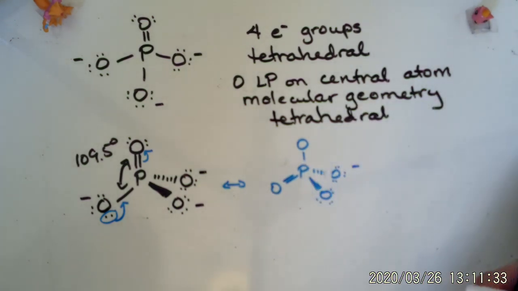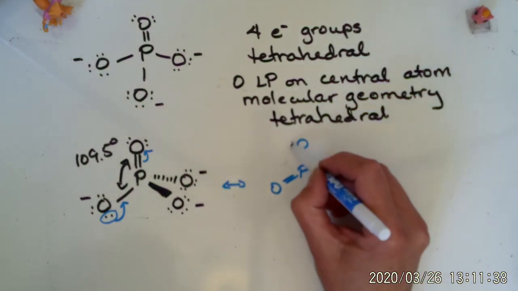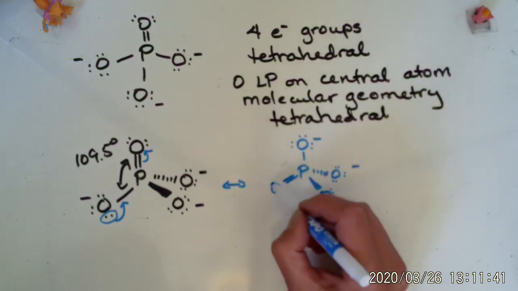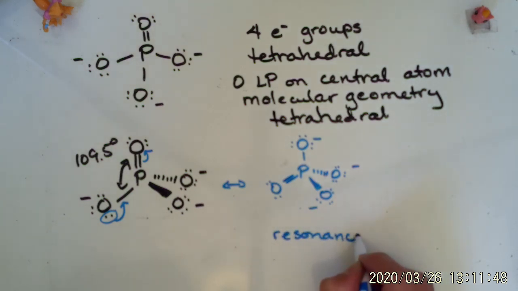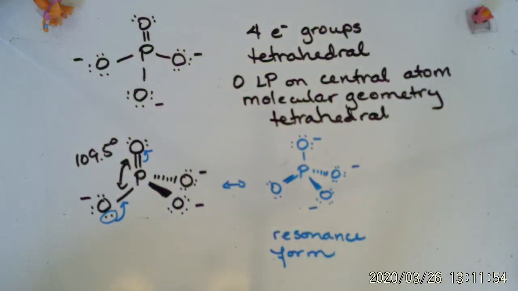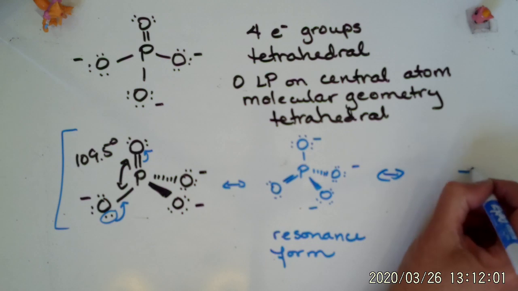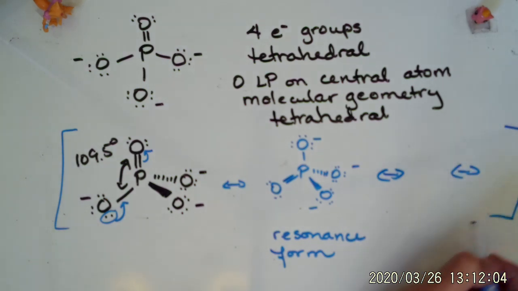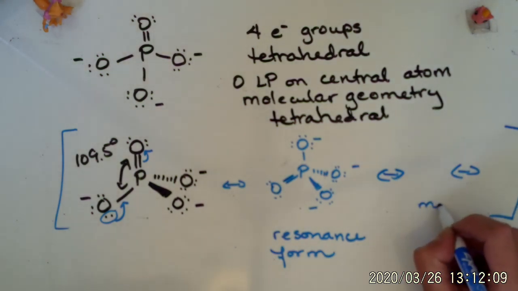That's probably a wedge bond. Okay, so this is a resonance form. It'll be 1, 2, and a third one that has more formal charges. So you'll have more resonance forms.